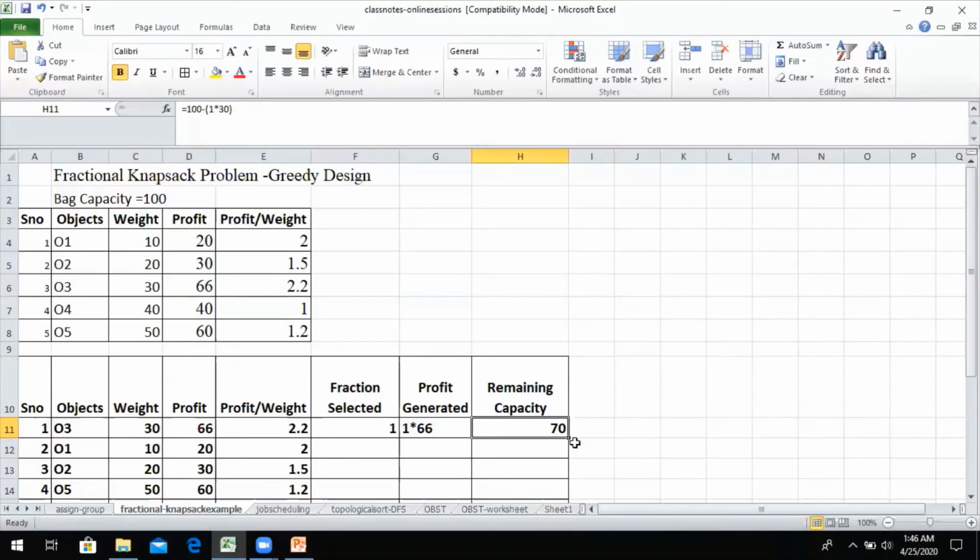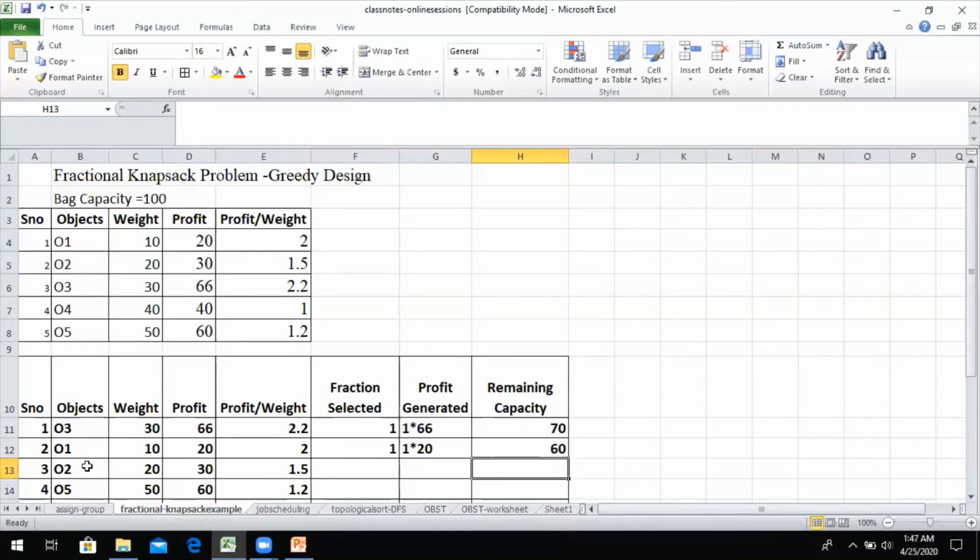And if I select 1 unit, the profit generated would be 1 into 20, which is 20. What would be the remaining capacity? It would be 70 minus 1 into the weight of O1, which is 10, and hence the remaining capacity is 60.